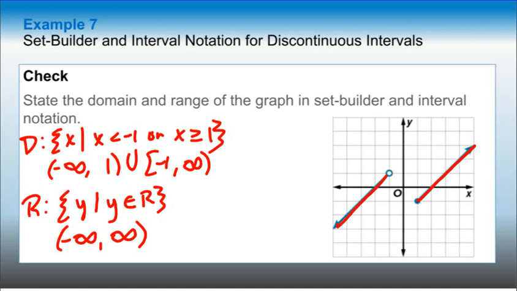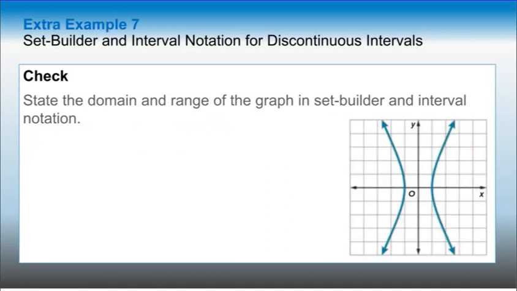Next, our last question. Here, state the domain and range of this one in set builder and interval notation. So the domain in set builder would have x such that x is less than or equal to -1, or x is greater than or equal to +1.